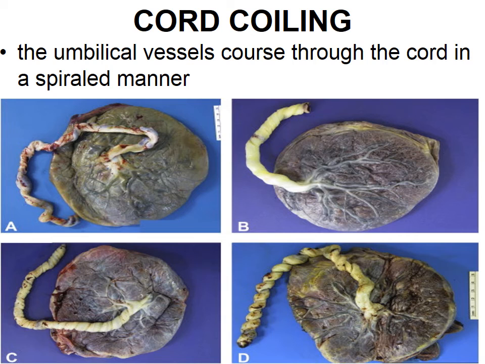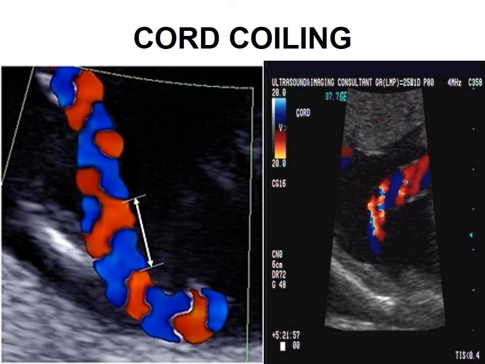A hypercoiled cord is associated with an increased risk of fetal intrauterine growth restriction, intrapartum fetal cardiac deceleration, vascular thrombosis, and cord stenosis. This is how we count the umbilical coiling index. It's the number of cord spirals completed per centimeter of cord length.